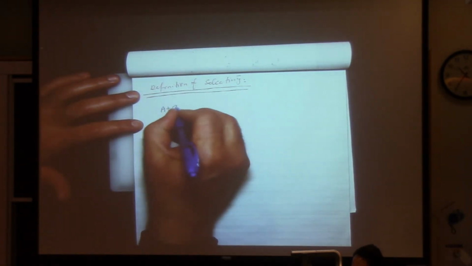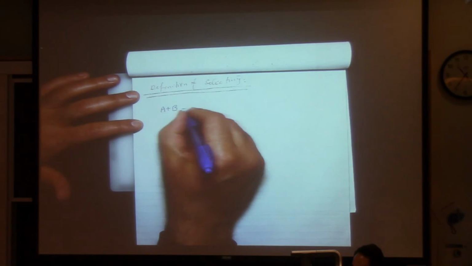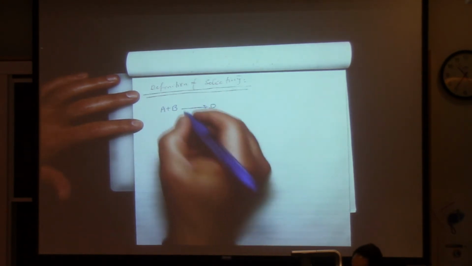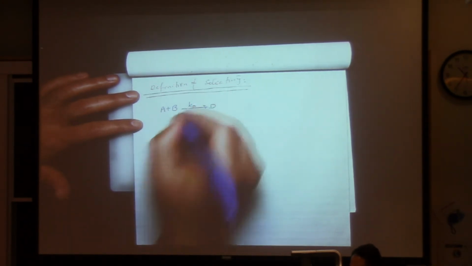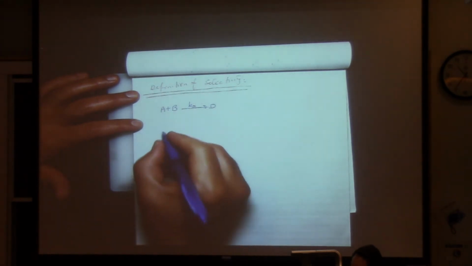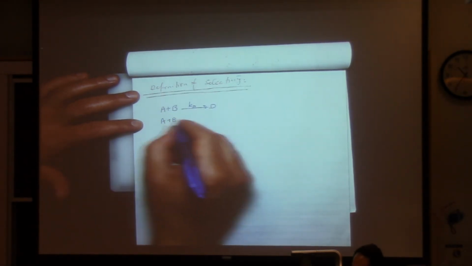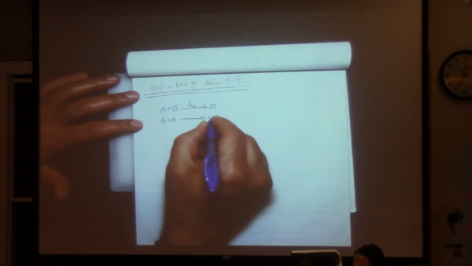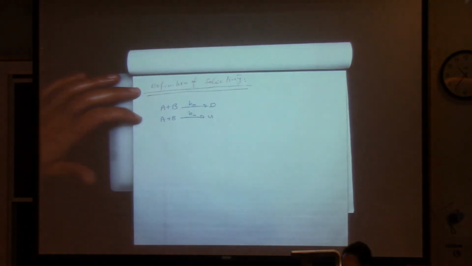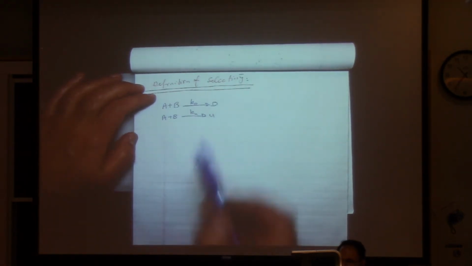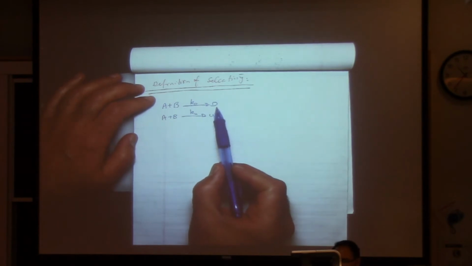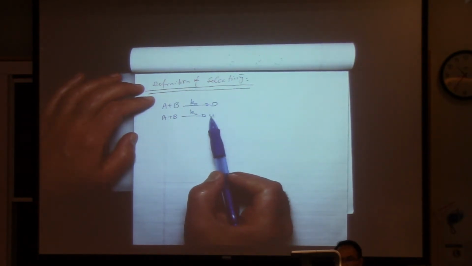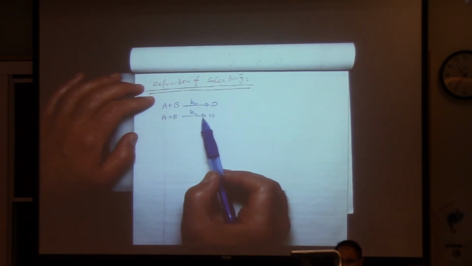A plus B gives D, and that would be KD, and A plus B gives U, and that would be KU. Just for the sake of argument, let's decide D would be the desirable product and U would be the undesirable product between these two reactions.